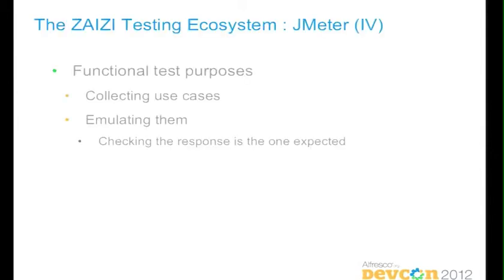We also use JMeter for functional test purposes. So, for example, if we need to test that a user sends an email into Alfresco and you are expecting that the email is placed in the folder of the user, the to user, what we would do is emulate the user and send an email to Alfresco.